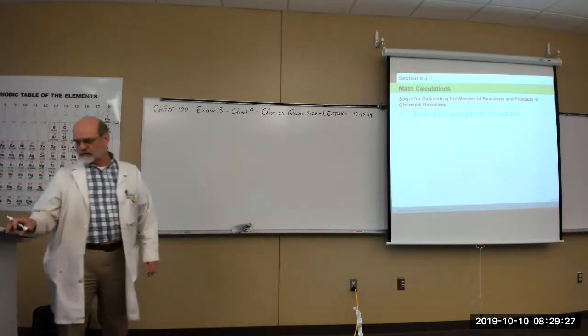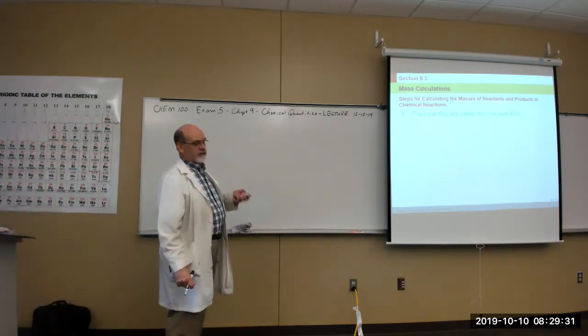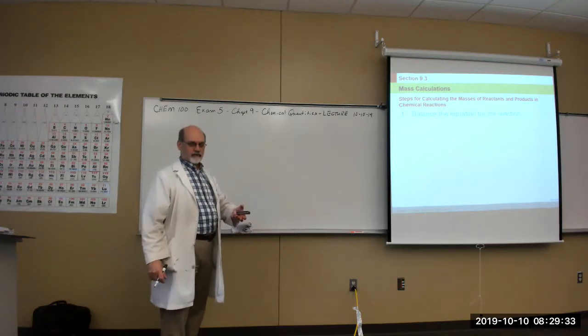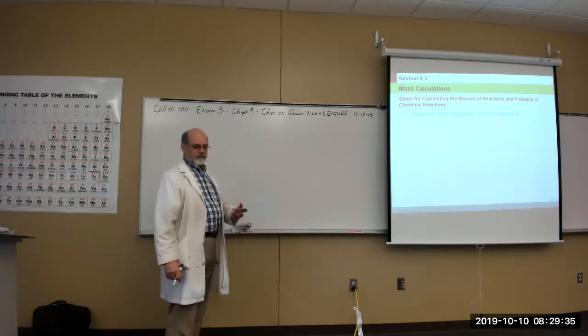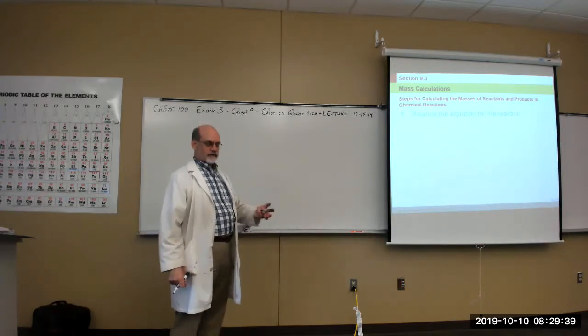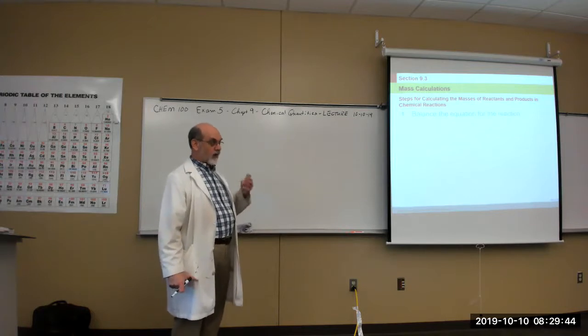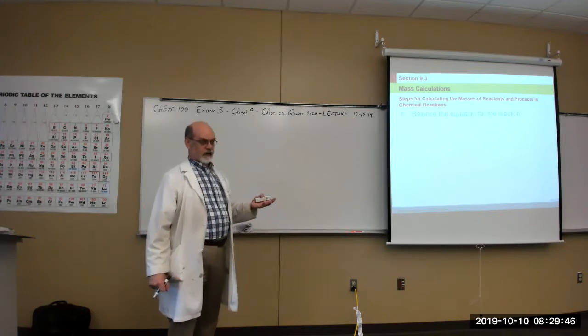So the first thing you do, well, actually, there's something you do before this, depending on the question. If it's a word problem and the names of the compounds are given, the reactants and products, you have to write those correctly, right?